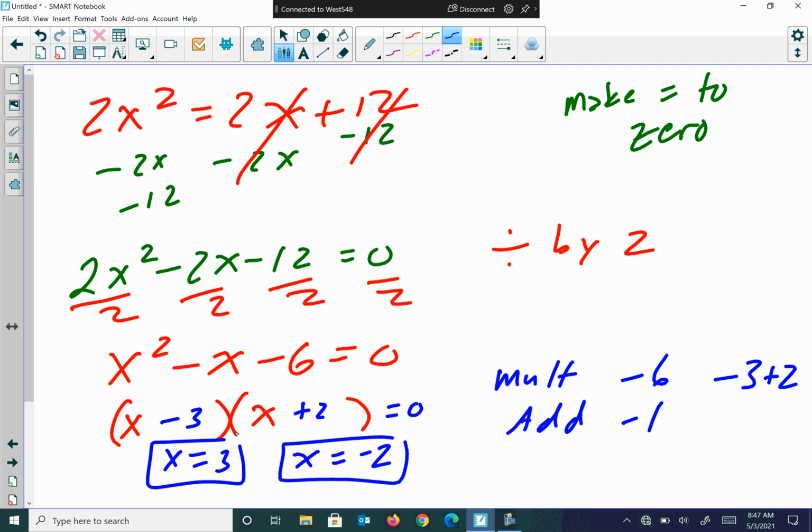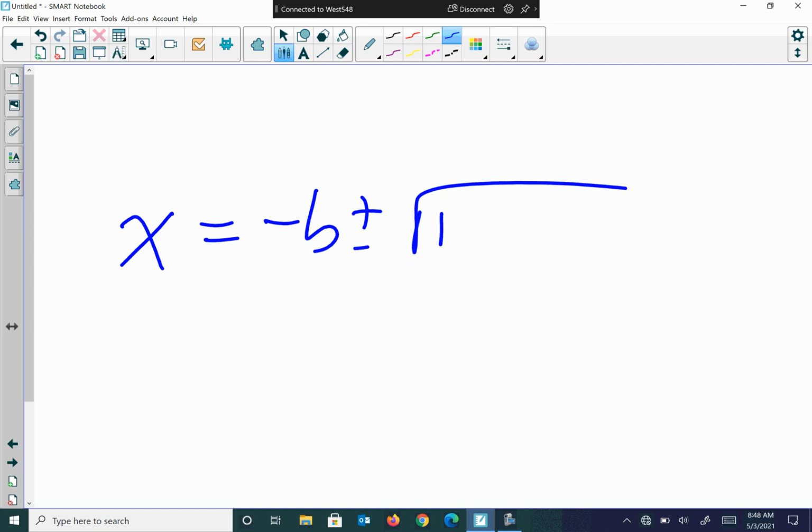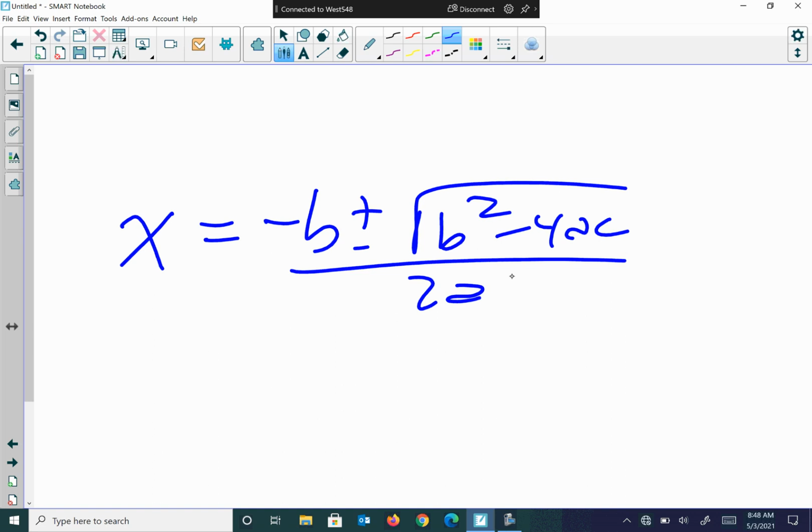But if you chose to do the quadratic formula, it's still going to get you the same exact answer. It just might have been extra steps. So here's my problem with the quadratic. I think it's a valuable tool, but unfortunately errors happen here, errors happen here, errors happen here.